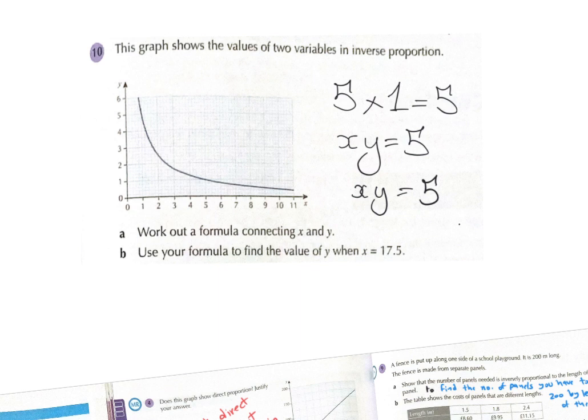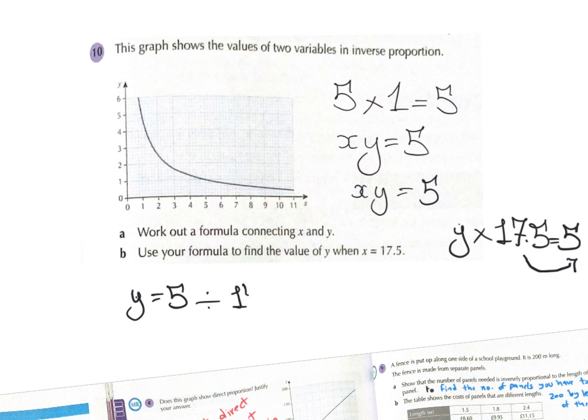So to find y, divide 5 by 17.5. Then y equals 5 divide 17.5, which is going to give us 2 over 7.